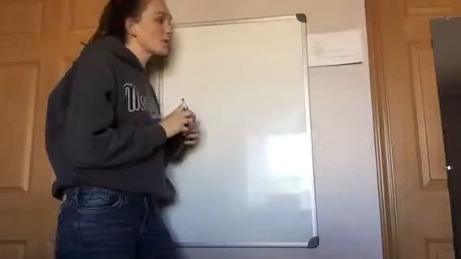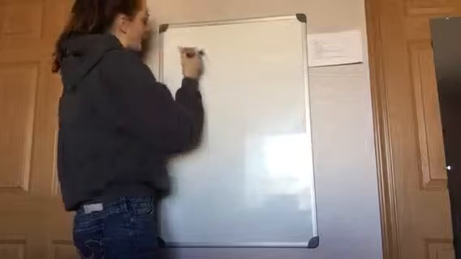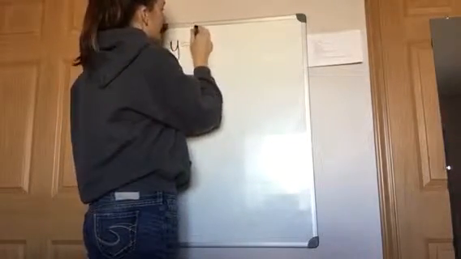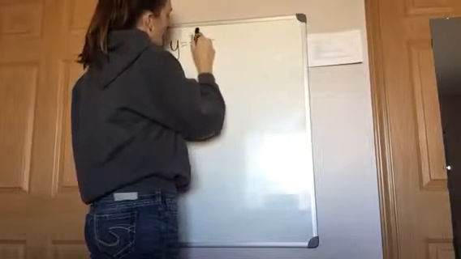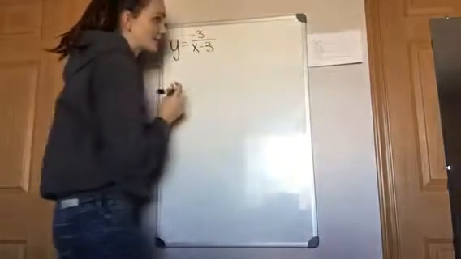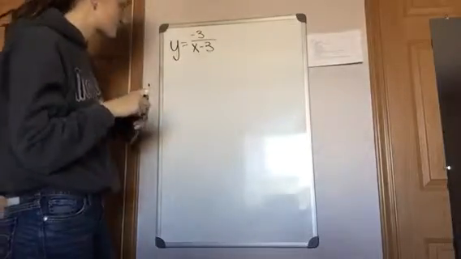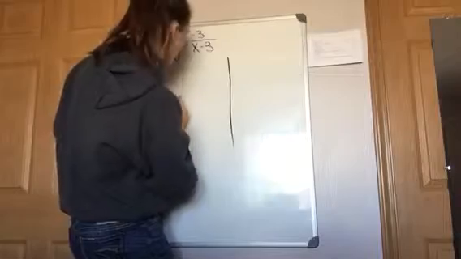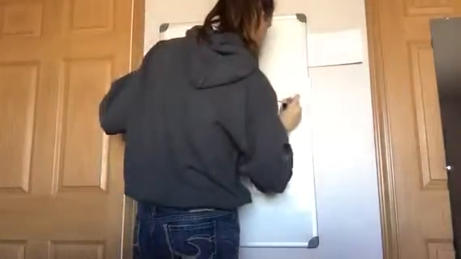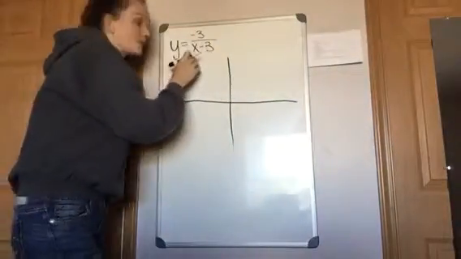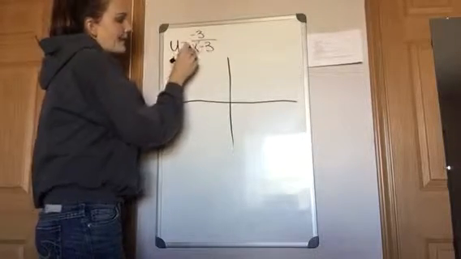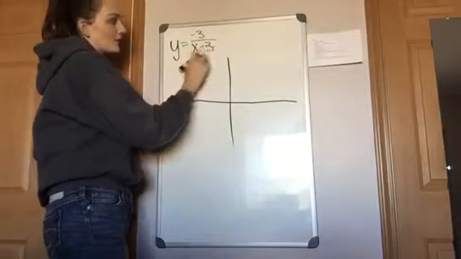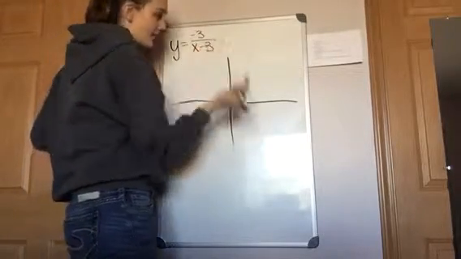So for number 8, we have to graph y equals -3 over x minus 3. So let's graph this. We know that there is a vertical asymptote at x equals 3, because if we let x equal 3, we get 0 in the denominator, and that makes it undefined.